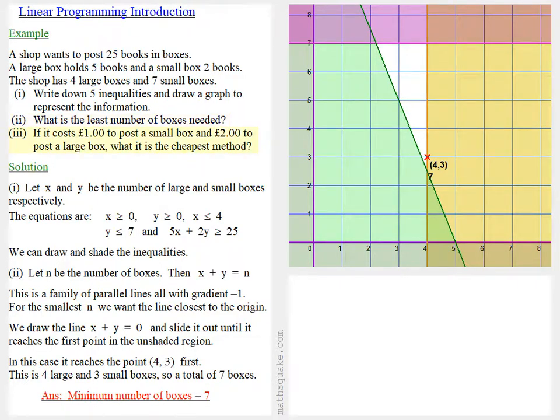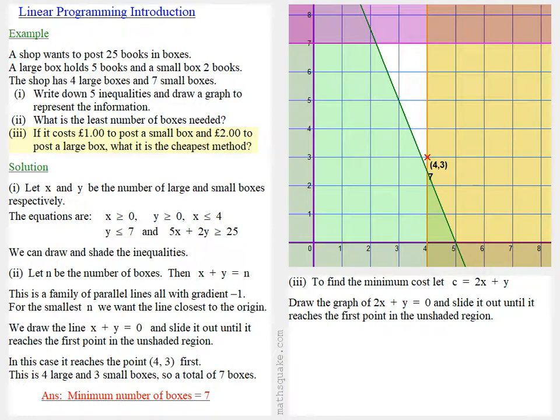Now in part 3 we're asked if the cost is £1 to post a small box and £2 to post a large box, what is the cheapest method? So to do this, let's write down that the cost C is equal to 2x plus y. Now again, 2x plus y equals C is a family of parallel lines.